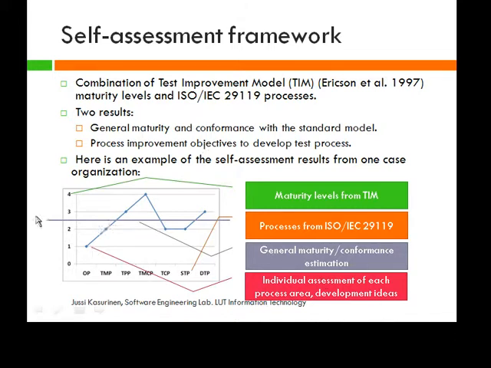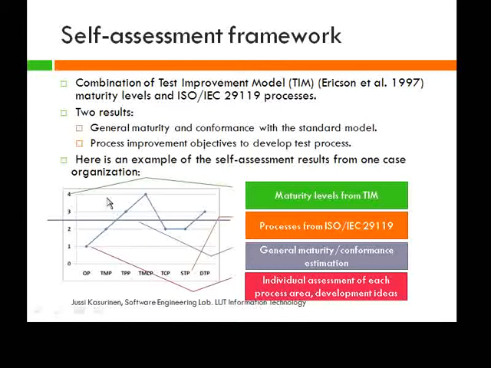And also the general maturity and conformance estimation for the organization. So let's say that if the profile would be like this, the overall level would be that the test process is cost efficient and it's closing up on risk prevention.